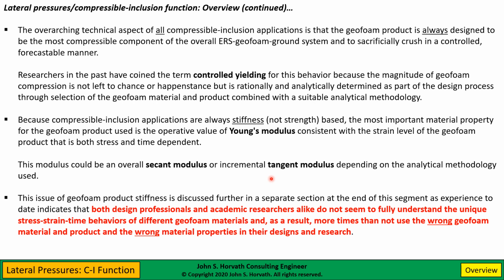And the vast majority of data that you see for the behavior of geofoam materials and products is small strain, rapid loading data. So you have a long-term, large strain, large creep problem. Clearly, it's wrong to use short-term, rapid loading, minimum creep data.